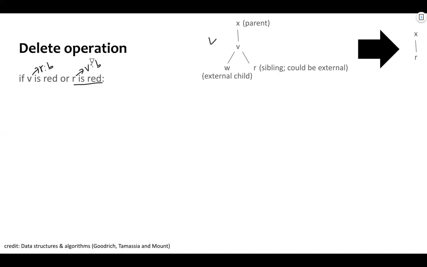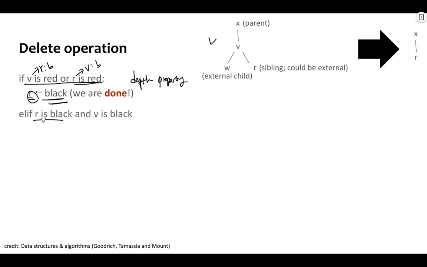Okay, so this was the case. If this was the case, we're going to just make R black and we are done. If you think about the depth property, it is satisfied if you just color R as black in either of these two cases.